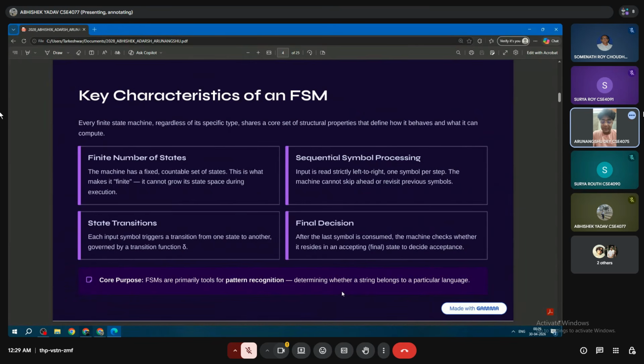Second is sequential symbol processing. Input is read strictly left to right, one symbol per step. The machine cannot skip ahead or revisit previous symbols. Third is state transitions. Each input symbol triggers a transition from one state to another, governed by a transition function. And last is the final decision. After the last symbol is consumed, the machine checks whether it resides in an accepting state to decide acceptance. Abhishek, next slide.